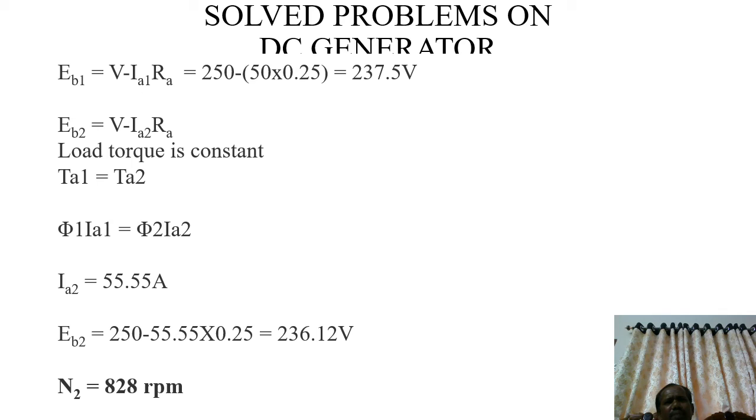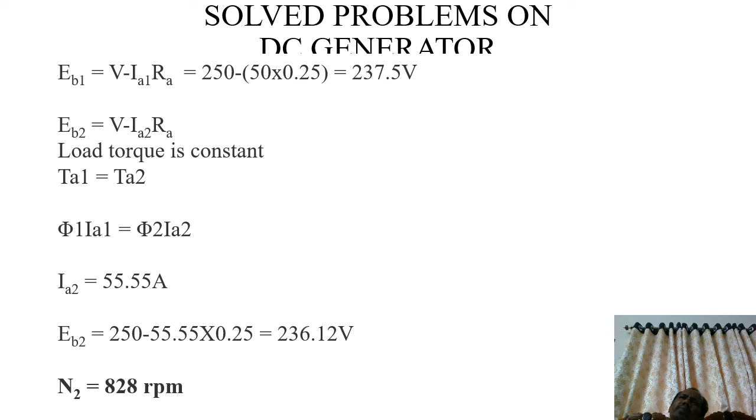Because for any type of DC motor, torque T is proportional to phi I. So TA1 is equal to TA2. Torque is constant in this condition. What is given as the fundamental equation?